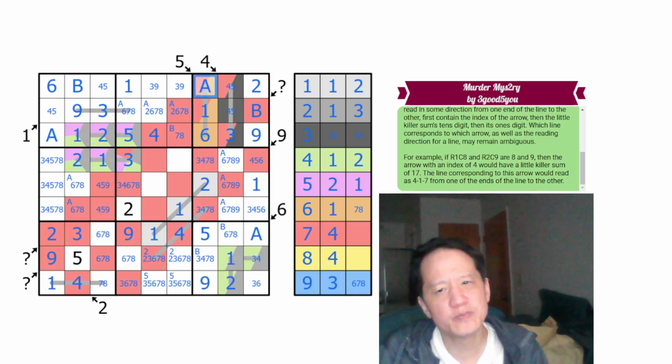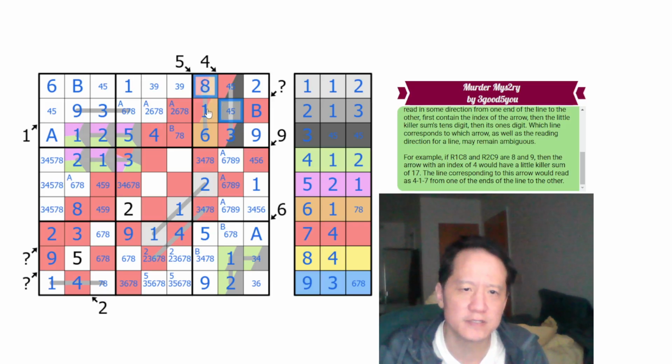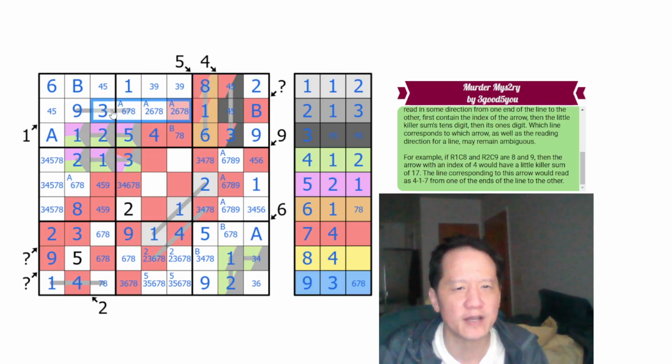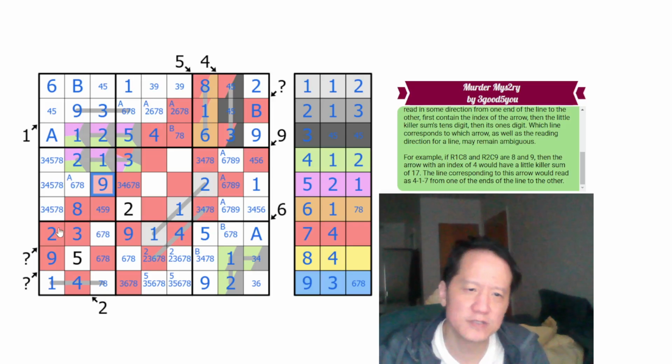I guess it could be, can it be 8? So it could be 8 and 8, right? But the 7 can no longer be here because the A is the only 7 or 8 that can be here. So okay, this is 2, 8, 9, 3, 4. So this is 19 plus 15, and it would have to add up to 42 or 41.